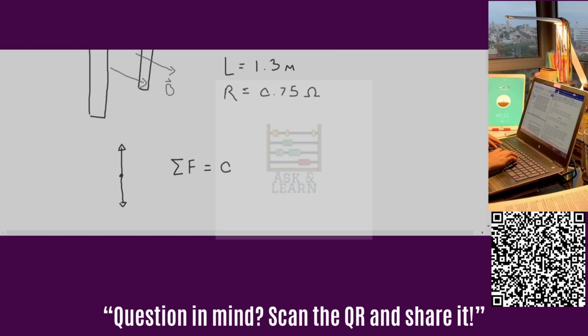So in our case, what forces are canceling each other out here? Well, we have the force of gravity, mg, pushing down on the bar, and we have some magnetic force pulling the bar back up, which is a result of our induced EMF.